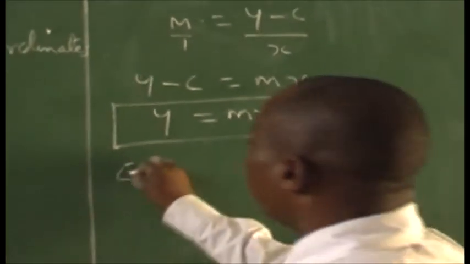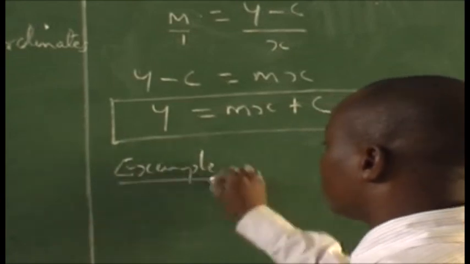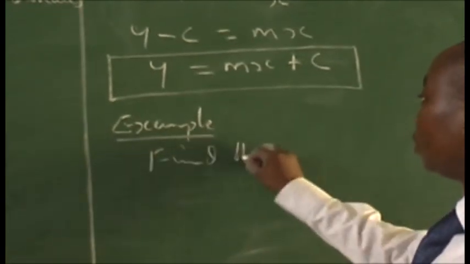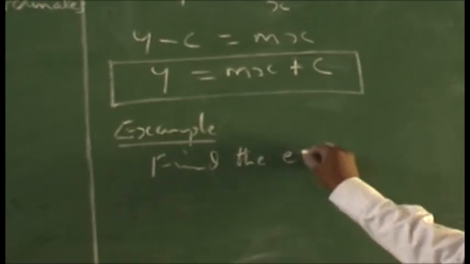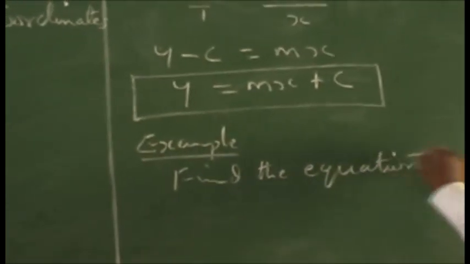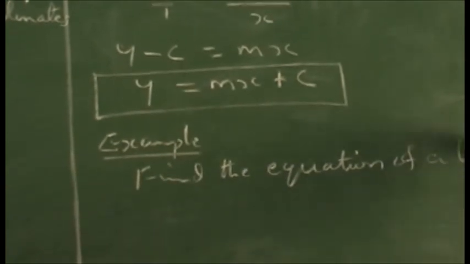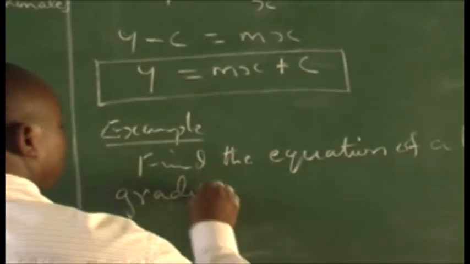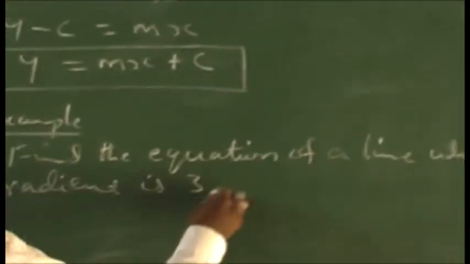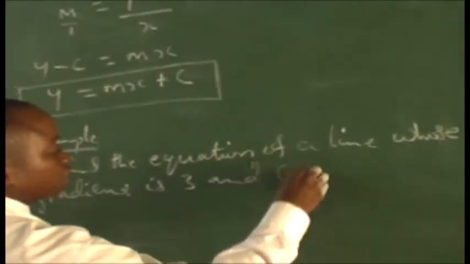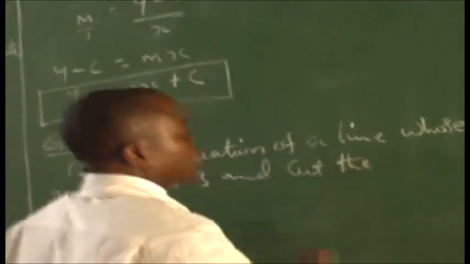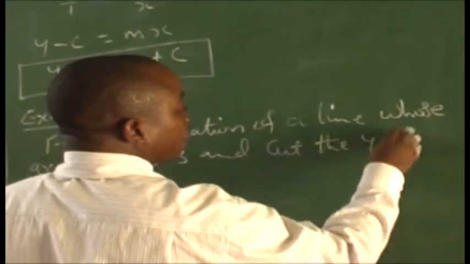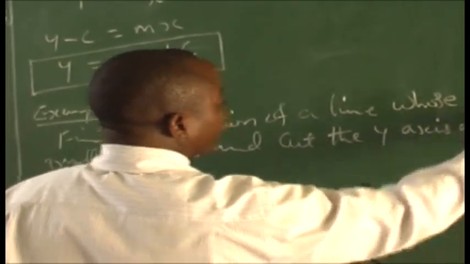So that if I am given a problem to solve, maybe like here, we say find the equation of a line whose gradient is 3 and has intercept on the y axis at 5.